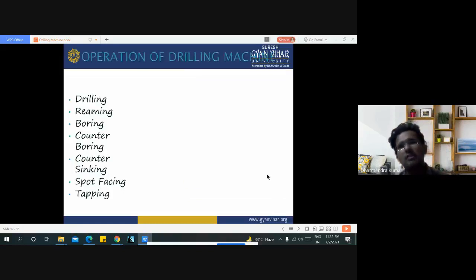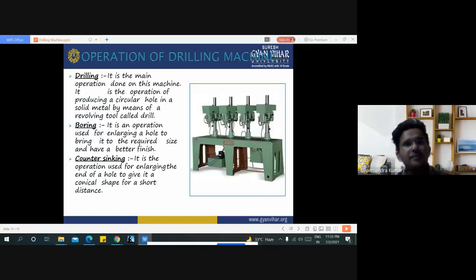Various operations we perform with the help of a drilling machine are drilling, reaming, boring, counter sinking, spot facing, and tapping. We will discuss them one by one. Drilling is the main operation done on the machine.